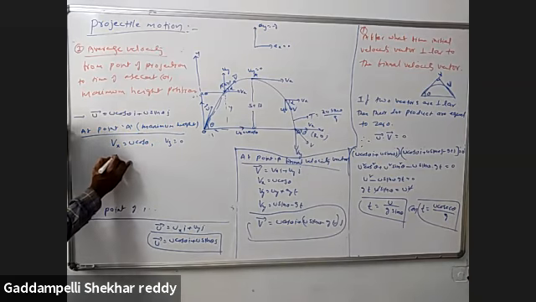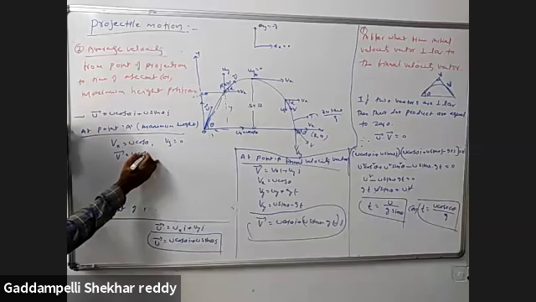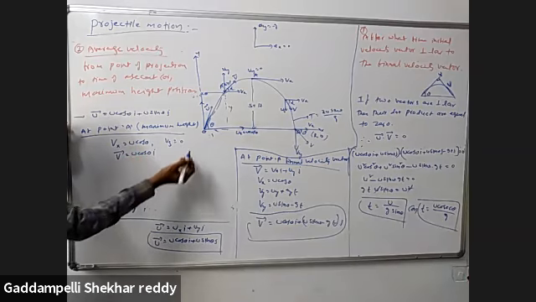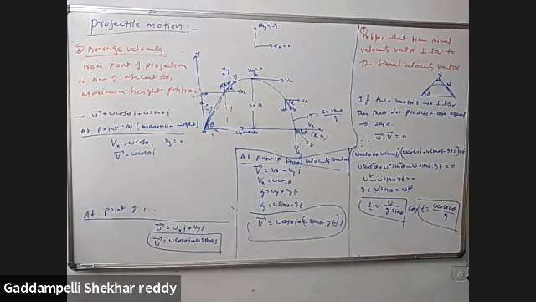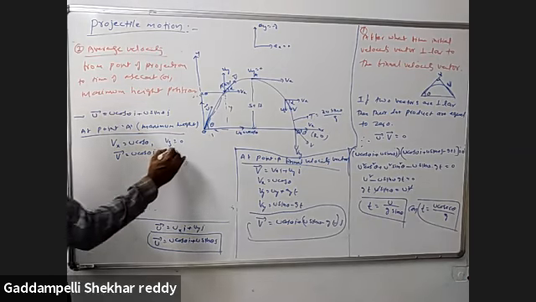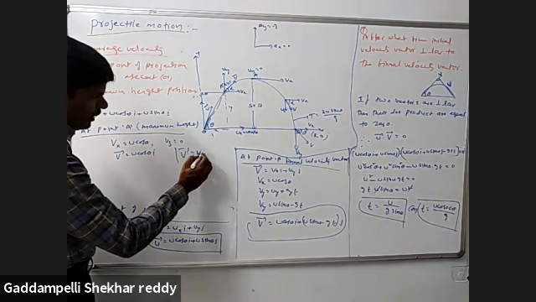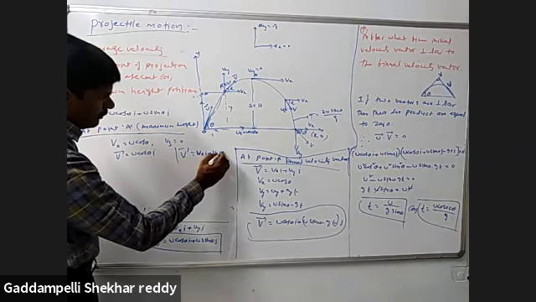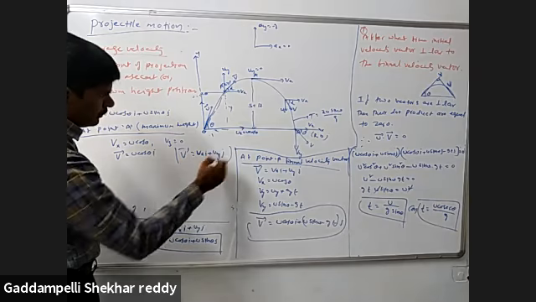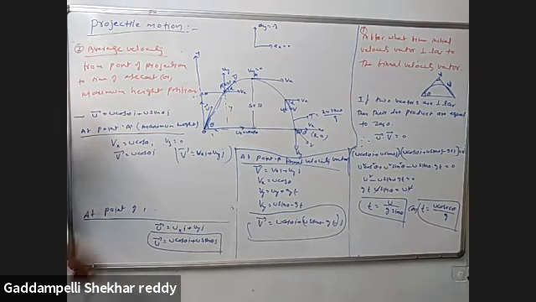So the final velocity V bar is equal to u cos theta i only. This term becomes 0, since V bar is equal to Vx i plus Vy j. So only u cos theta.